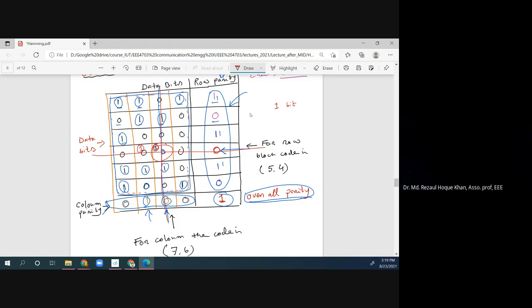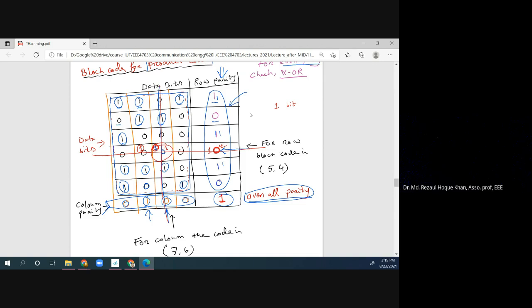So it cannot detect this error, isn't it? Previously there was only one 1 here, which is odd, so this 0 was supposed to be 1. But when it becomes 1, there are two 1s here, it's already even, so 0 is still okay. It means if 2 bits change, this product code cannot detect those 2 changes.